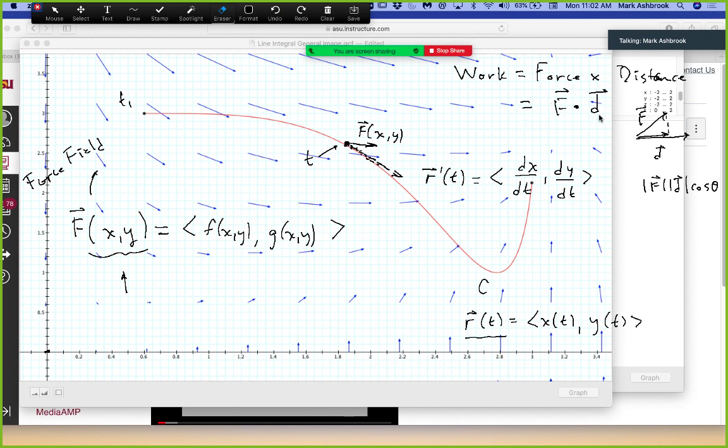So d is like a little change in position, and we need it in this direction. So what would that vector be? We don't want dx/dt, dy/dt. We just want a little change in position. So that would be just dx, dy, right? So dx, dy then is the same direction, but it's representing a little change in position, like a little ds, like we saw before.